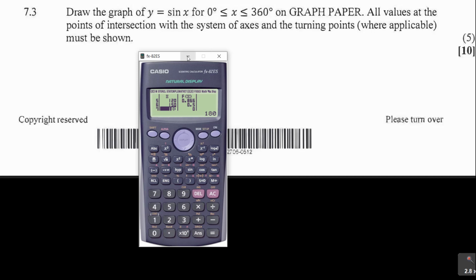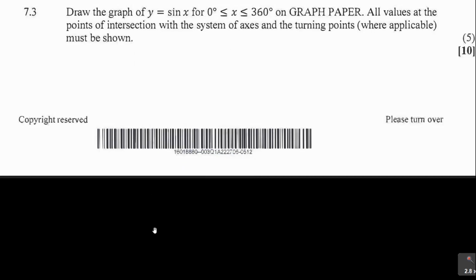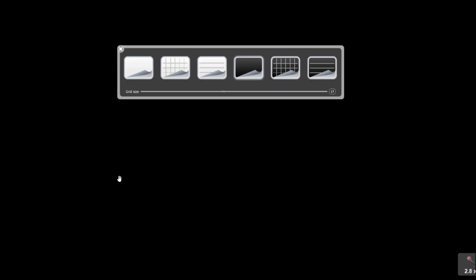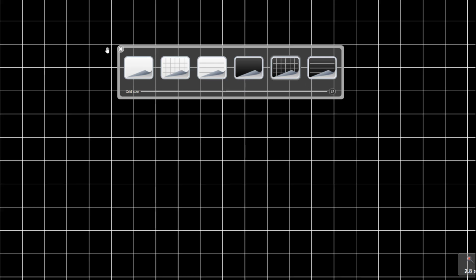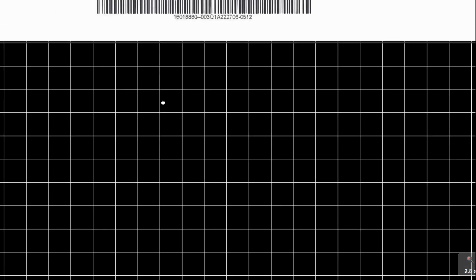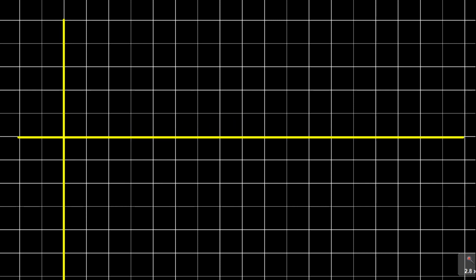So I'm just going to keep this, but I'm just going to show you how you can quickly draw this graph. What if we just change this into a graph paper like that? We just change this, still there, but what if I just do it and draw a graph just here? I just want to show you, it's simple to draw this graph. It's not complicated.